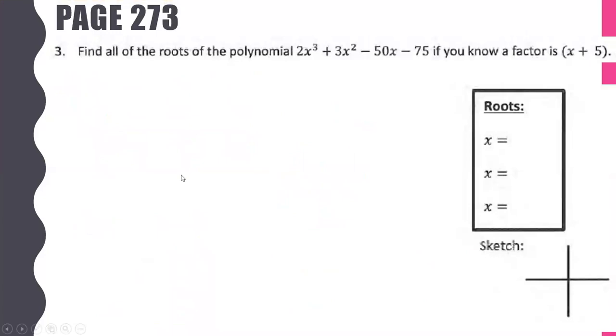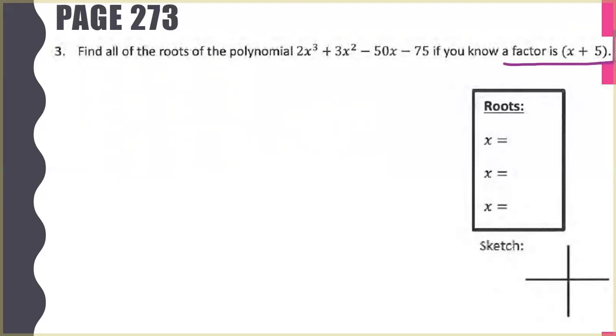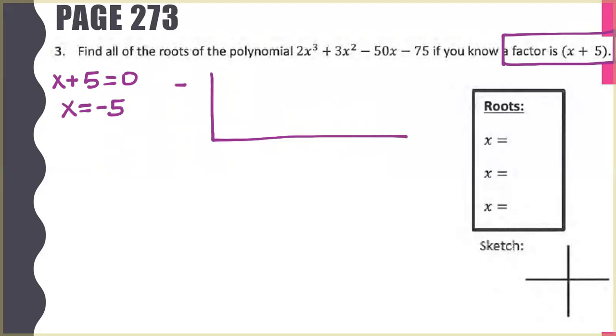Okay, let's do one more. So for this one, they gave us a factor. They didn't give us the root, so we have to set that equal to 0. And then we have 2, 3, -50, -75.